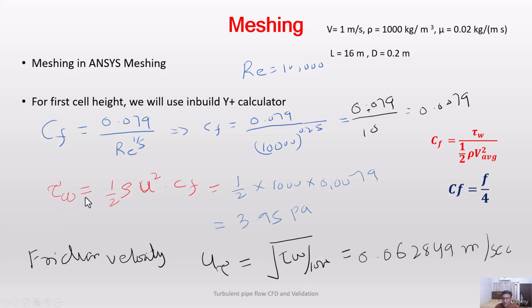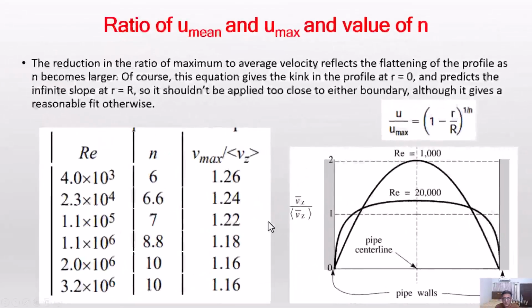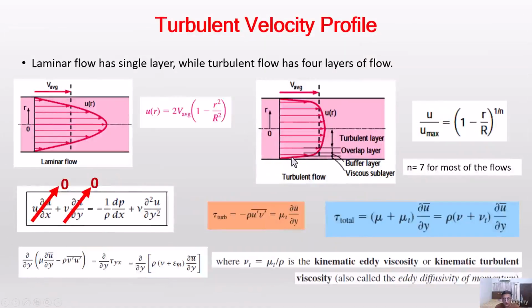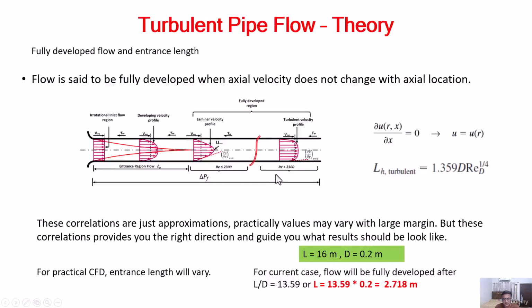So I can solve this for wall shear stress, which will be equal to 1/2 rho v square into CF, and the velocity is equal to 1 meter per second, density is equal to 1000 kilogram per meter cube, and I got the wall shear stress equal to 3.95. The wall shear stress would be on the wall. Okay, that you see the slope here. This one.